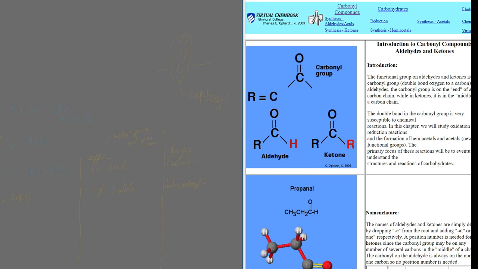Let's say we have, let me just make some space here. If this was like that, this would be a ketone. It's a ketone. And also, which we'll get to in just a second, there's also the aldehyde. And remember, aldehyde has higher priority than ketone.